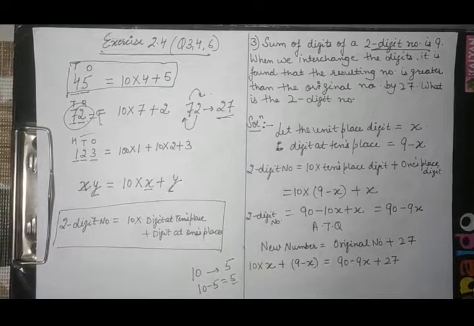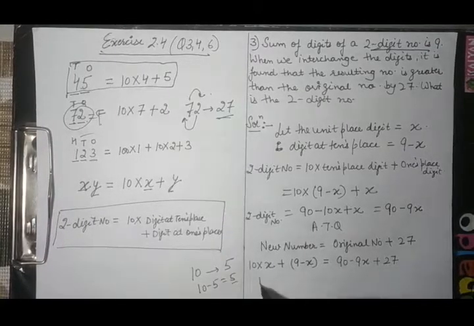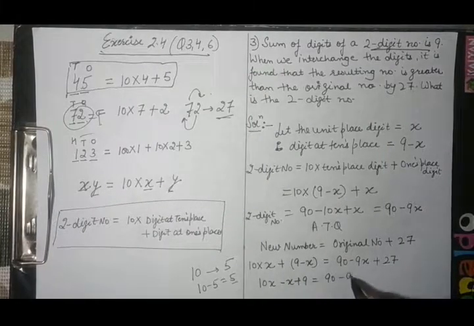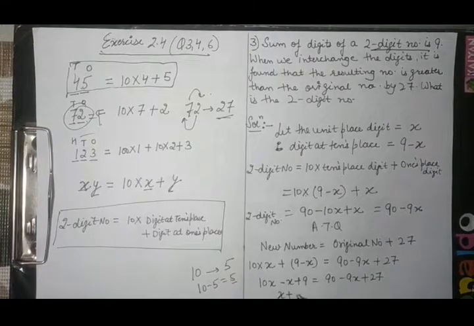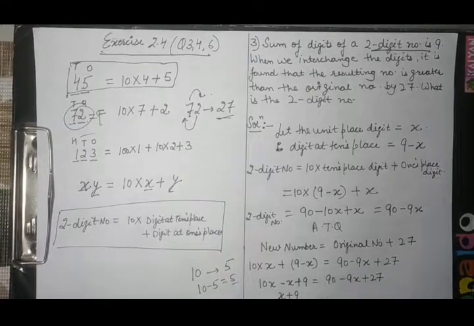Next step is to solve this. So first of all simplify. 10x minus x plus 9 equal to 90 minus 9x plus 27. This will become 9x plus 9 equal to 90 plus 27 will be 117 minus 9x.